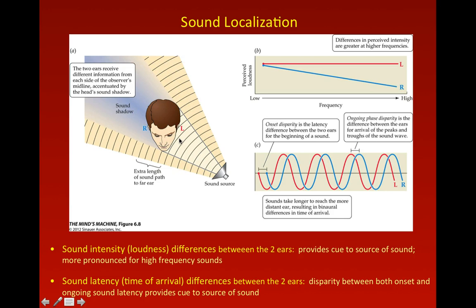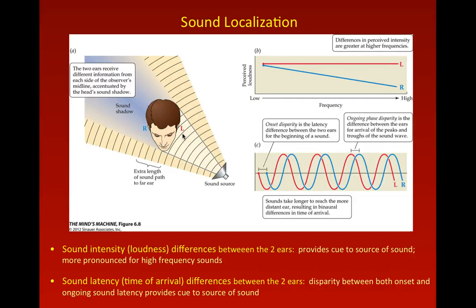We have the same issue in terms of time of arrival. So again, it's going to take a longer time for the sound to reach the ear on the other side of the head than on the side of the head where the sound source is. And that difference in latency, or the time of arrival, the difference between when the sound gets to the two ears, is the second cue that the auditory system is going to be able to use to localize the sound source.